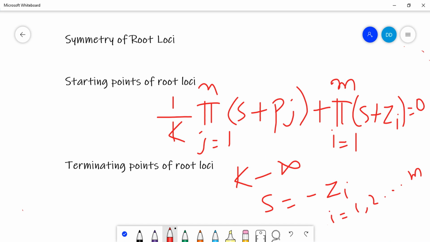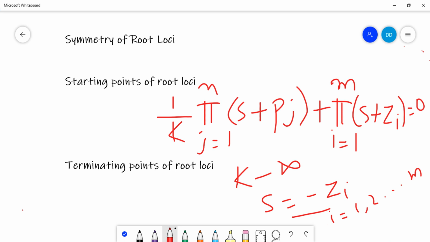These are nothing but the zeros of the system, open loop zeros of the system. Therefore, the root locus branches always terminate at the open loop zeros when K equal to infinity. So always remember that the root locus branch originates from an open loop pole where K equal to 0, and it always terminates at an open loop zero or zero at infinity where K is infinity.